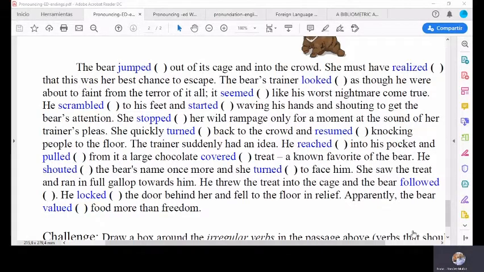He threw the treat into the cage, and the bear followed. He locked the door behind her and fell to the floor in relief. Apparently, the bear valued food more than freedom.